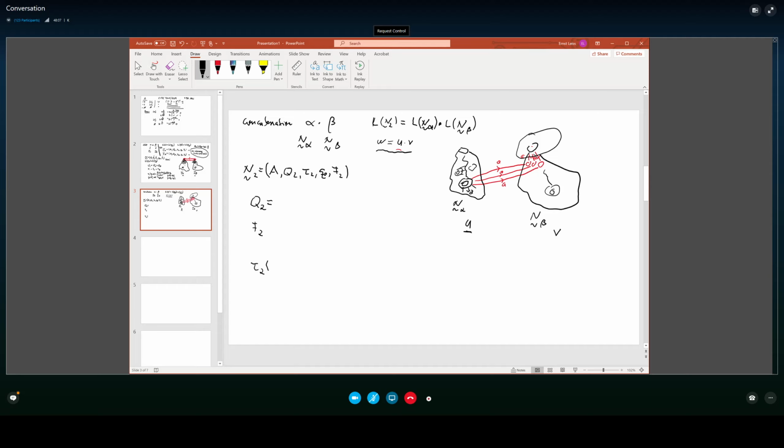Now, there are, of course, a few complications. The first complication, which is the main complication, is that this V could be epsilon. If the V is not epsilon, then it should be fairly obvious that everybody who is in the concatenation must end up in a final state of the second automaton.